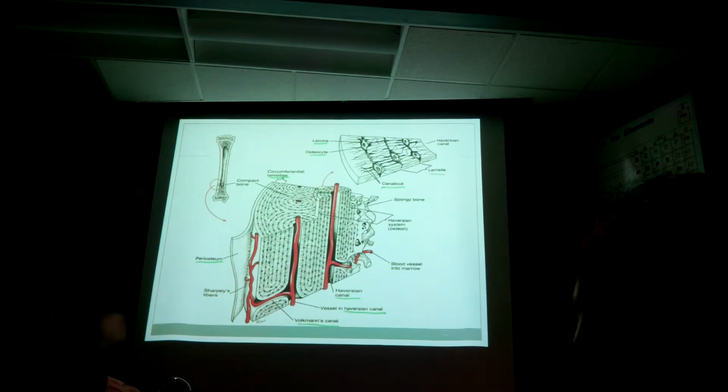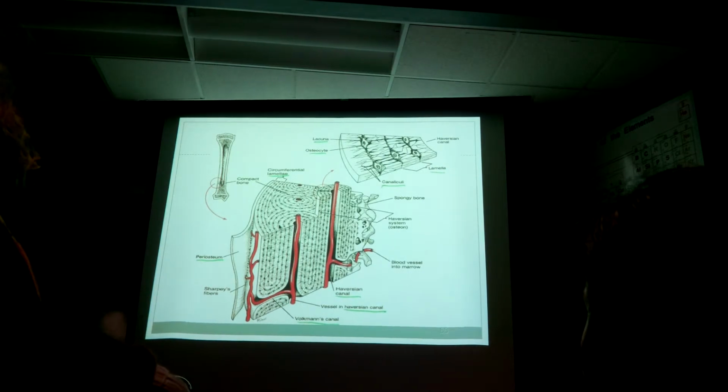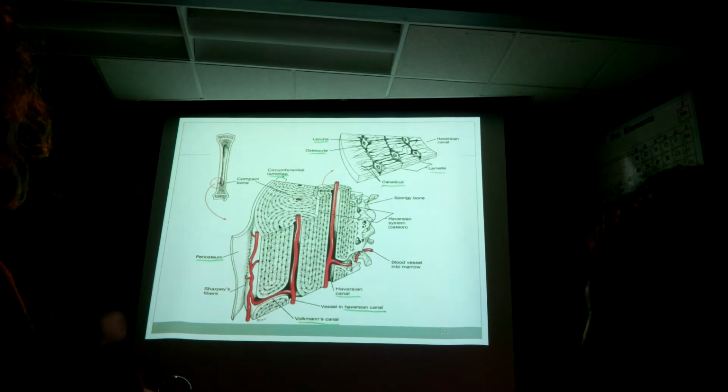And so, let me get a pointer. So you can see this circular pattern here. As it's laid down, it forms these circumferential lamellae, these layers.